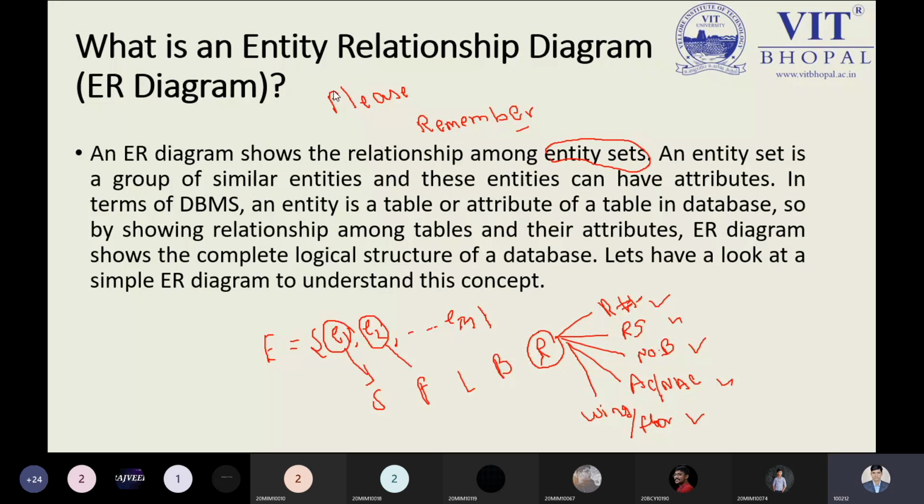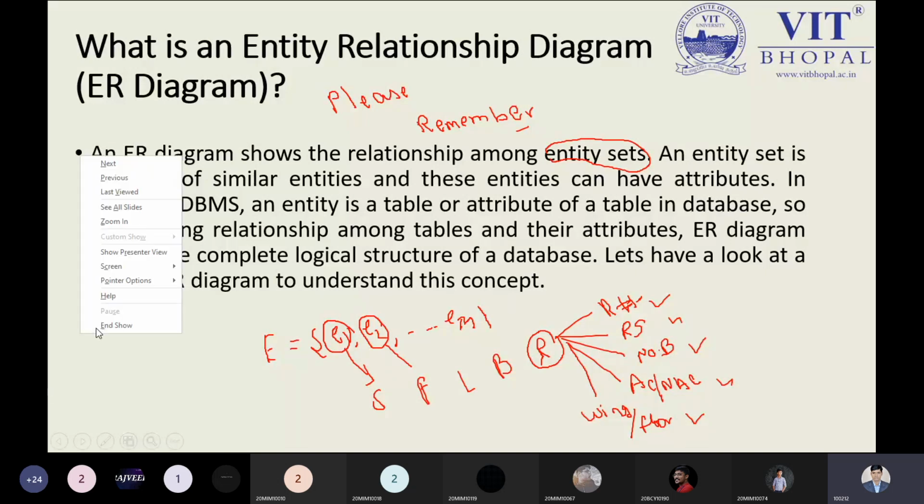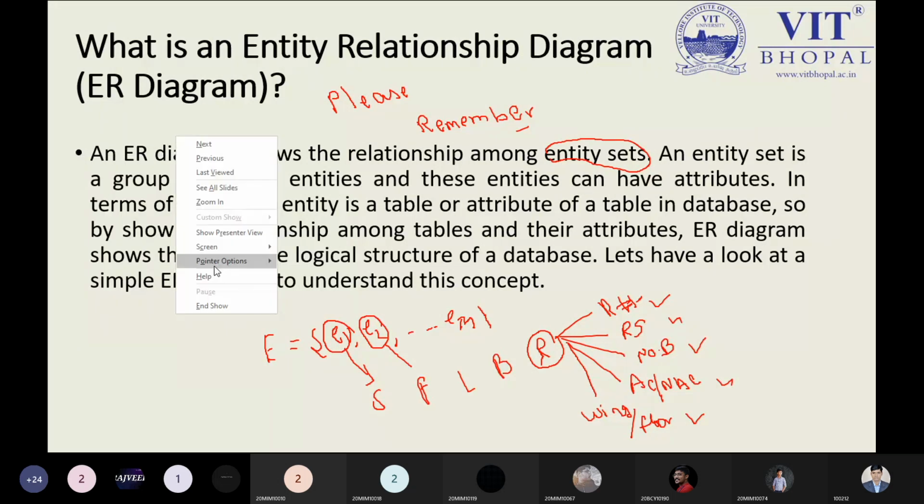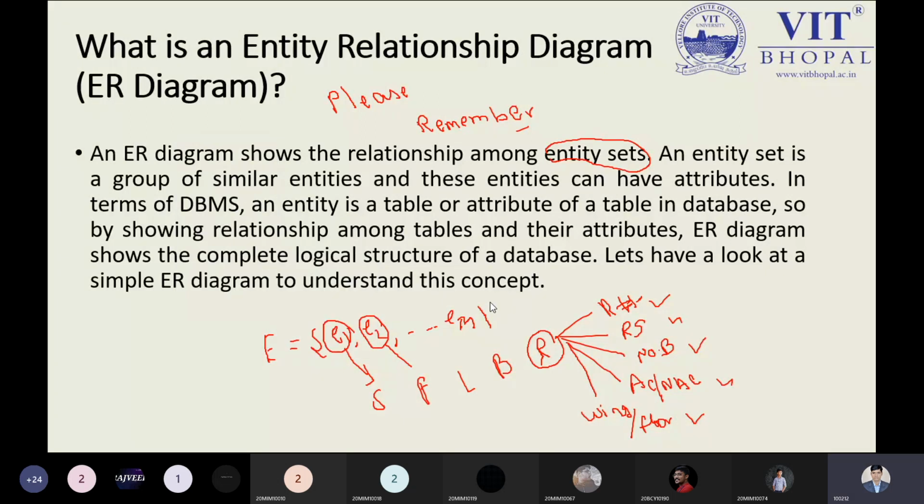An ER diagram can have a relationship among the entity sets. What does this statement mean? Let me give some idea in a simple way by writing a statement over here.